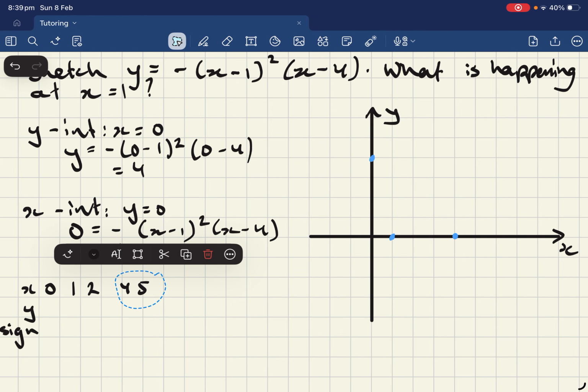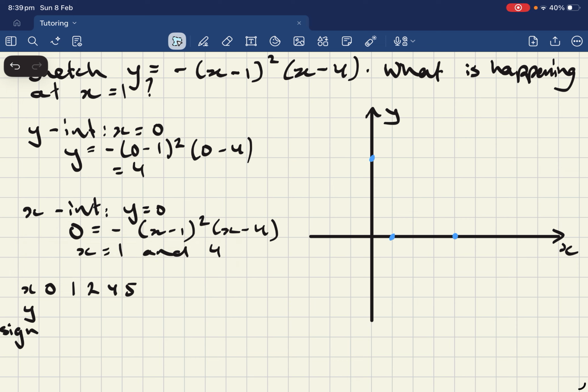The reason is I just want to see what's happening on either side of these zeros. I want to see what the sign of the graph is to the left here, so I can start to draw it. We already know there's going to be a y-intercept here, so it's going to pass through here. But I want to see the sign of my graph up here, over here, and in between these ones.